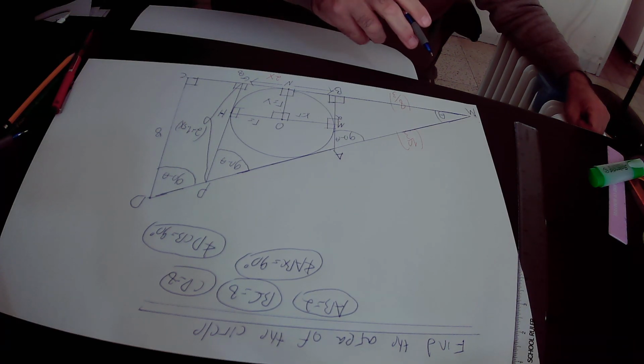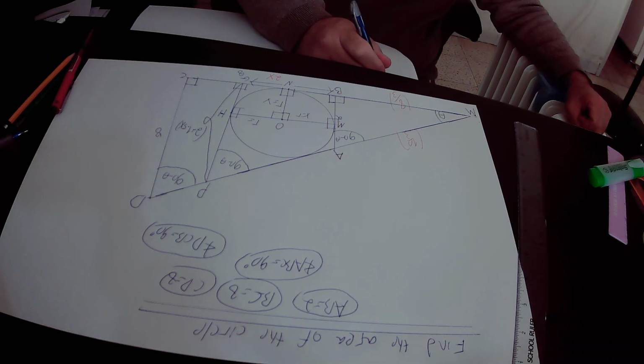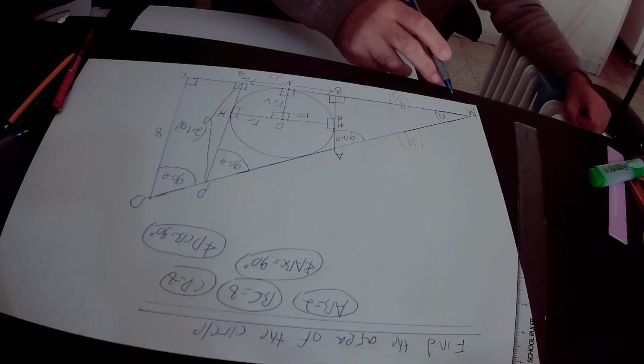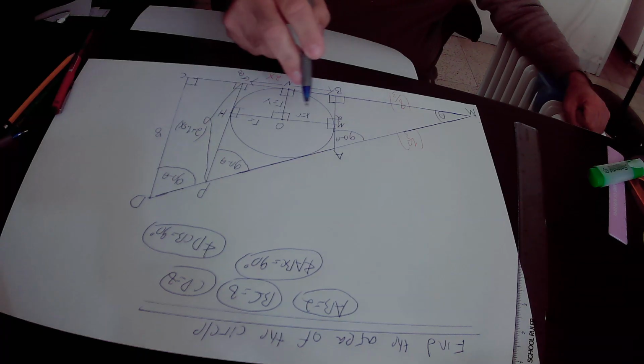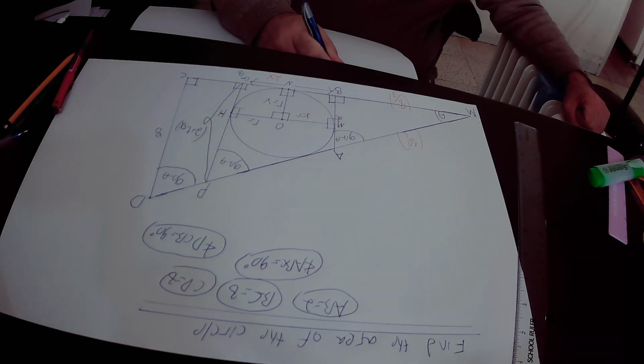We get that MG in the big triangle over MB in the small triangle equals MP in the big triangle over MA in the small triangle.